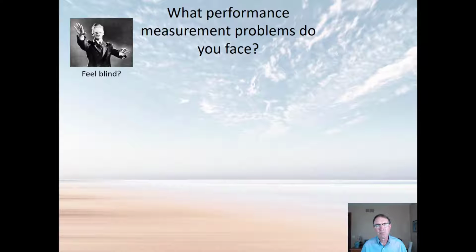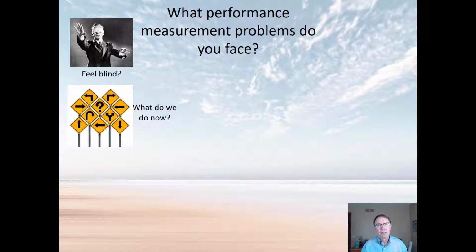You're getting some information, but you're really not sure what's going on in the organization and whether you should be concerned or not. Another problem is knowing what to do when you do get information. We've all sat through presentations, you get some good data, perhaps have some good discussion, but then you're faced with, well, what do we do next? Do we just applaud? Do we say good job? Do we take some sort of action, pass a resolution?